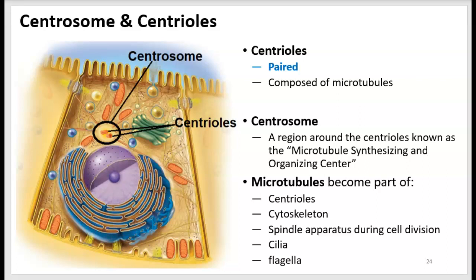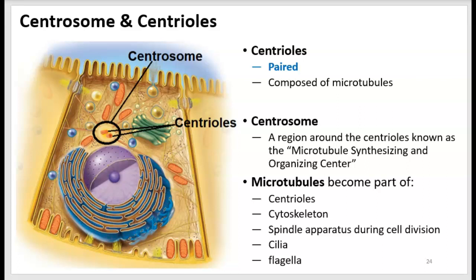So I'm going to start with the centrosome and the centrioles. What's noticeable inside of a cell are paired centrioles. They look a little bit like bits of licorice to me. They are paired, there's two of them, and they are made up of linear structures called microtubules. Now, where did these microtubules come from?